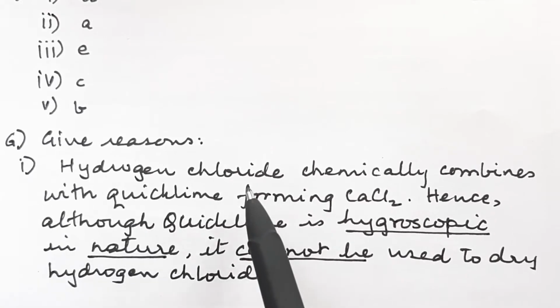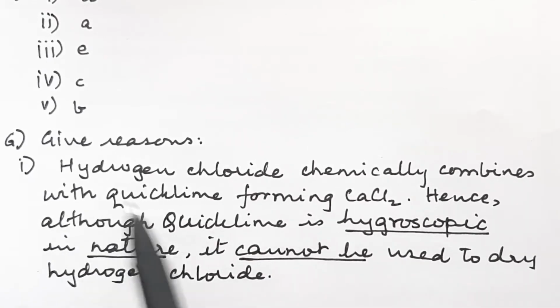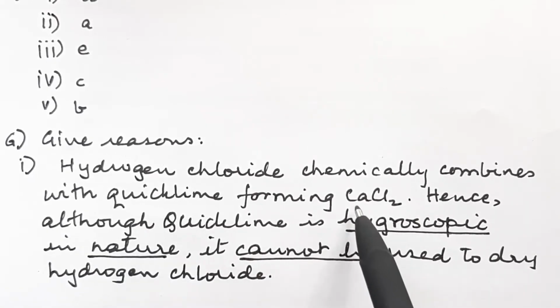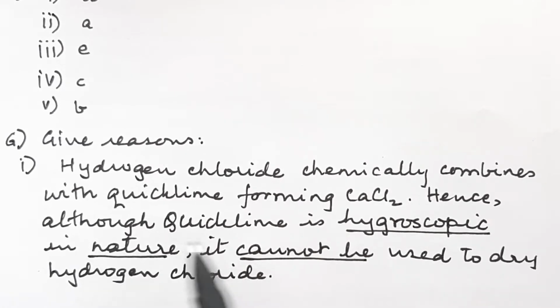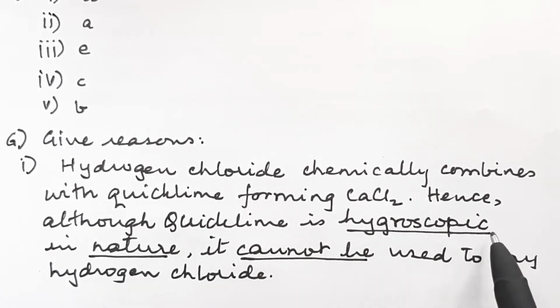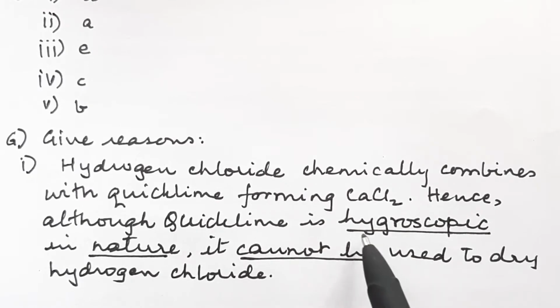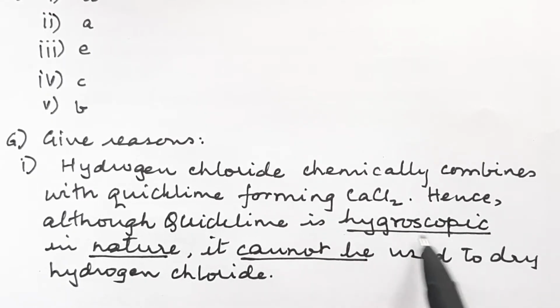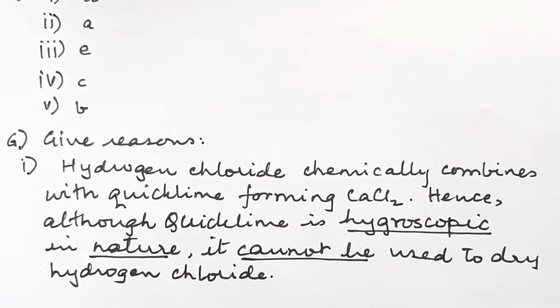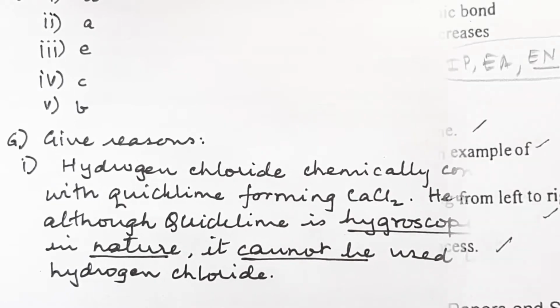So we write hydrogen chloride chemically combines with quicklime. It forms calcium chloride. Hence, although quicklime is hygroscopic in nature, what does hygroscopic mean? It absorbs moisture. It cannot be used to dry hydrogen chloride. So it's better to use the chemical term here in order to get our 1 mark full.